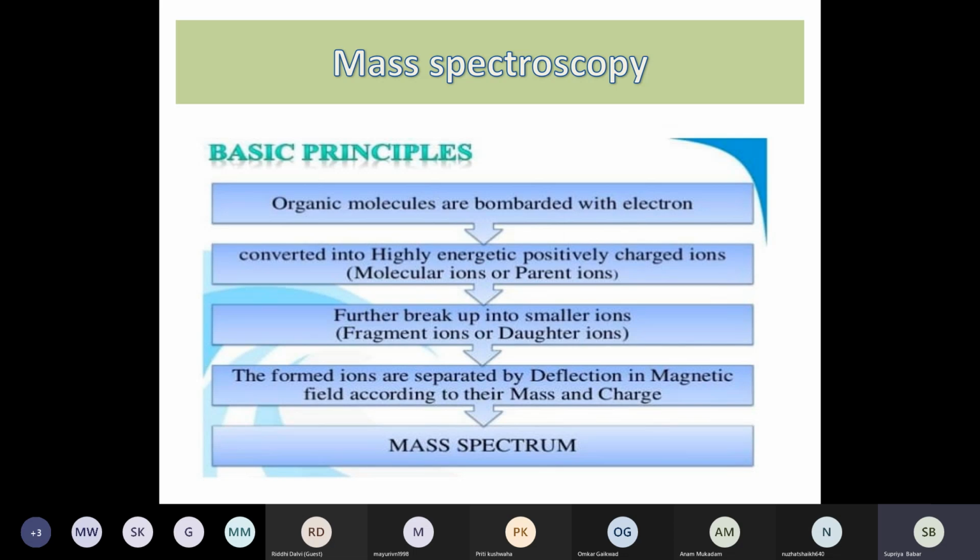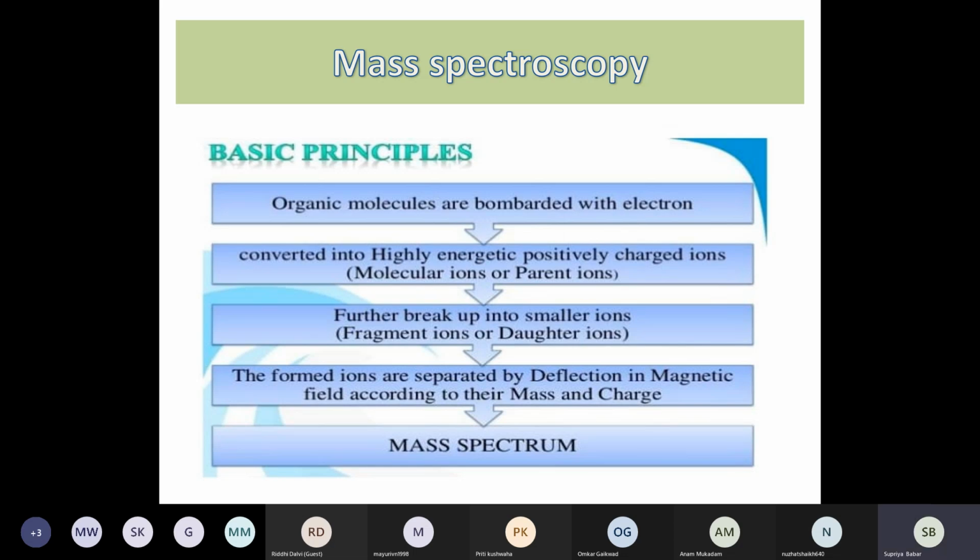Because in that, the bonds will break and the molecules get energized. Energized means they break into ions. They get ionized, and then there is extensive fragmentation. These fragments are mostly positive ions, each of which has a particular mass to charge ratio, that is m by e.